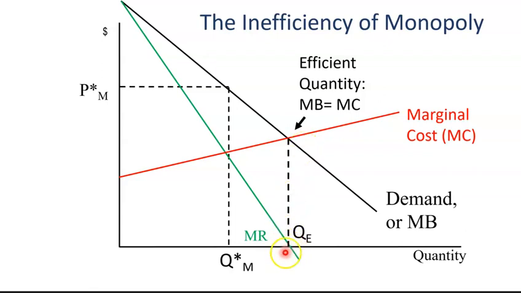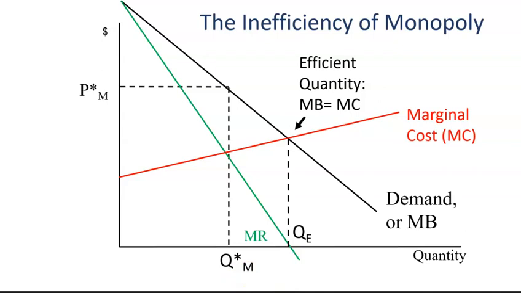QE. It looks like it's where marginal revenue is equal to 0. That is just an unfortunate coincidence in terms of this picture. So there's no necessary connection there. Well, you can clearly see that the monopolist has chosen to produce less than that.